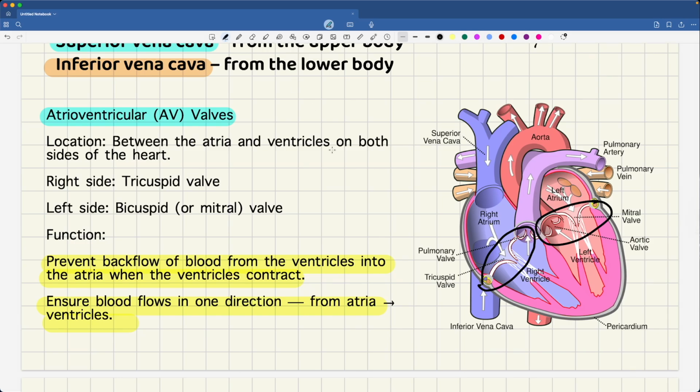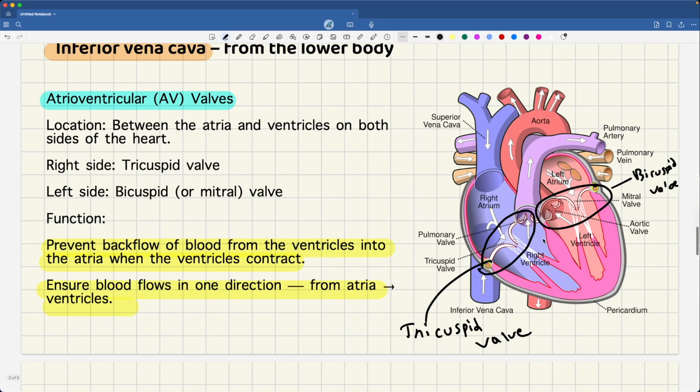The right side one is known as the tricuspid valve, and this one on the left is known as the bicuspid valve. Okay, now we have the aortic valve. We also have the pulmonary valve, right? Pulmonary valve. And this aortic valve.